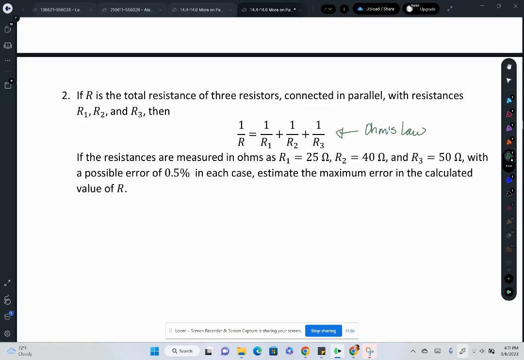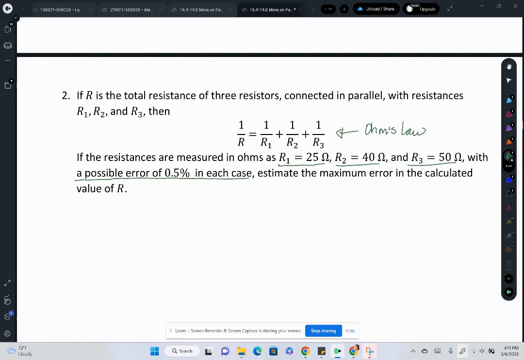And then it says if the resistances are measured in ohms, and it gives us values for R1, R2, and R3, with a possible error of 0.5% in each case, estimate the maximum error in the calculated value of R.